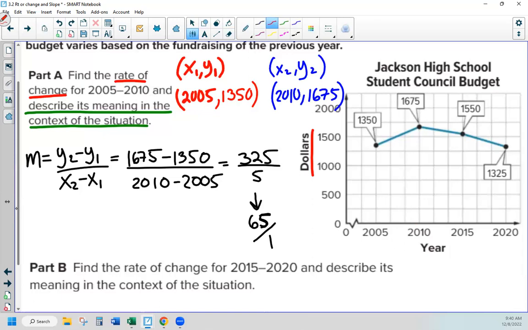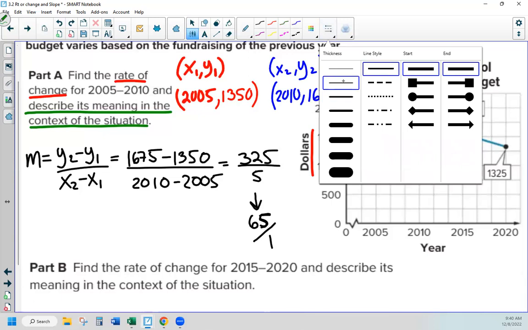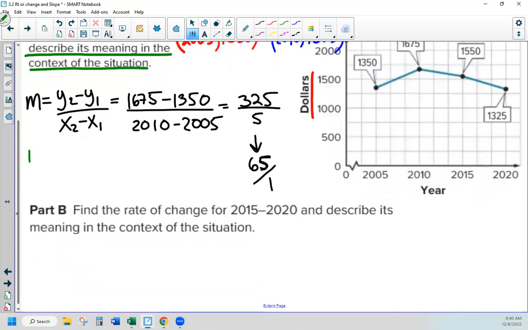So let's go ahead and put it in words instead of me just saying it again. Between 2005 and 2010, the school raised $65 per year. And we're saying raised because the line is going up.